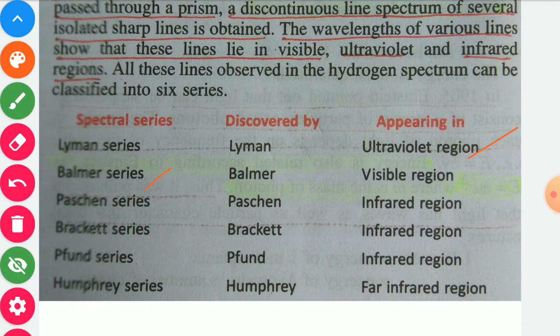Balmer series, means the group of spectrum lines, appears in the visible region. Paschen series in the infrared region, Brackett series also infrared region, Pfund series also infrared region, and Humphreys series also infrared region.